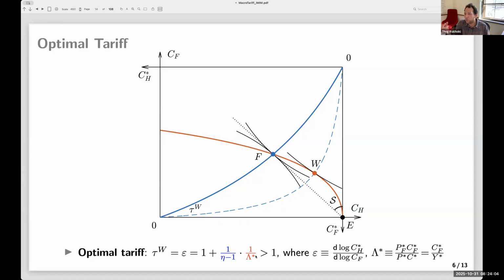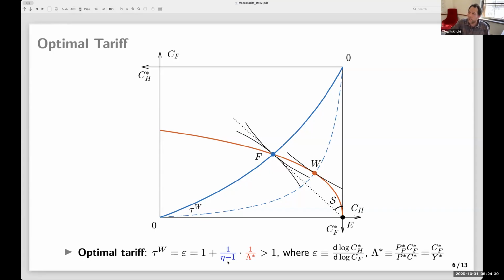If the domestic share is very big for the foreign economy, domestic meaning the foreign share in foreign, right? If it's very large, the foreign is closed, and there is less room for tariff. But as lambda is becoming smaller, there is room for a bigger tariff. It means that the rest of the world is more open to your goods, you are bigger in the rest of the world, and that's the second reason to set tariffs, right? It's your size and the elasticity, right?